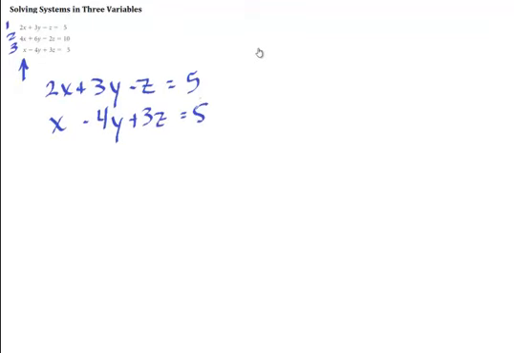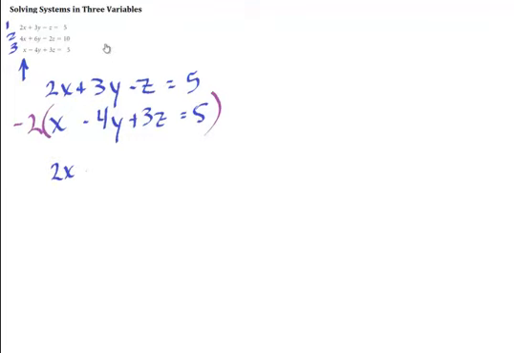So here's my 1: 2x plus 3y minus z equals 5. And 3: x minus 4y plus 3z equals 5. I'm going to multiply this bottom one through by a negative 2, and that should make my x's drop.